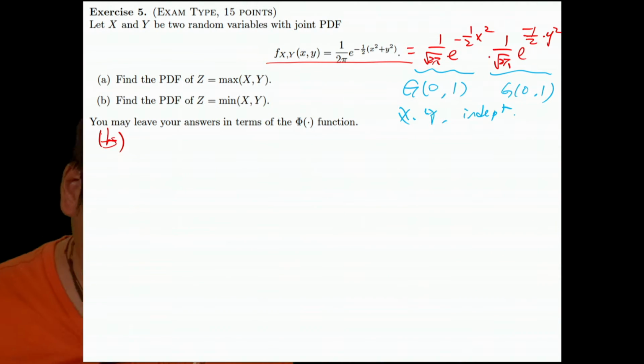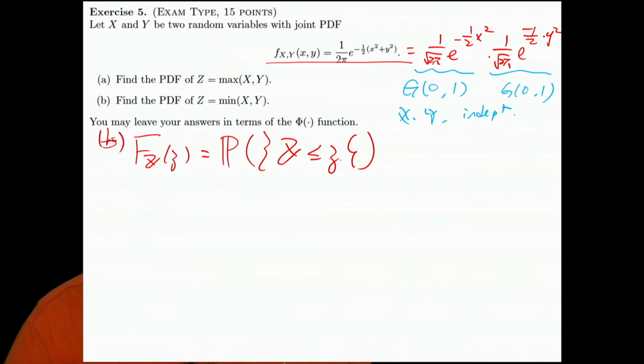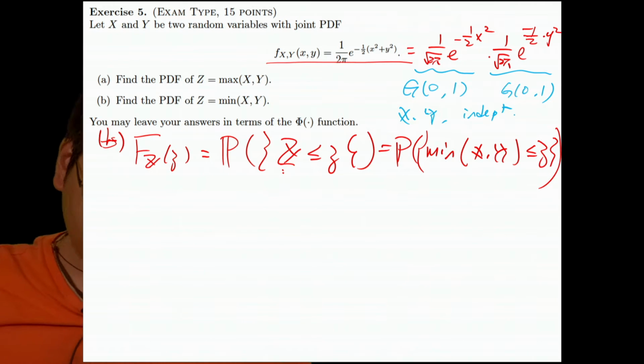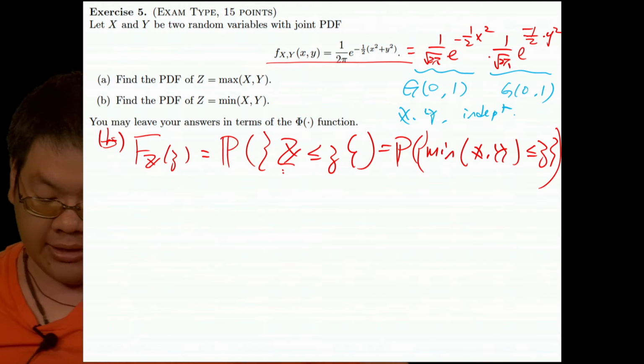So second, we want to find the PDF of the minimum of X and Y. First we still find the CDF: the CDF of Z is just the probability that the random variable Z is less than some certain point, here given as lowercase z, where Z equals the minimum of X, Y. Now, for the minimum of X, Y less than z, I cannot do the same thing as in part A, like X less than z or Y less than z.